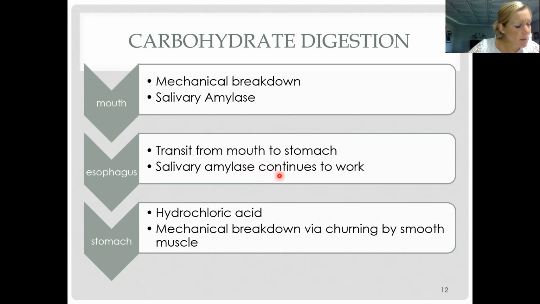Once we reach the stomach, we're going to release a molecule known as hydrochloric acid. And hydrochloric acid actually stops the digestion of carbohydrates. Okay, so we're going to shut off the work of salivary amylase, and so carbohydrate chemical digestion is not going to happen within the stomach. We will have mechanical breakdown occurring within the stomach via churning of the smooth muscle.